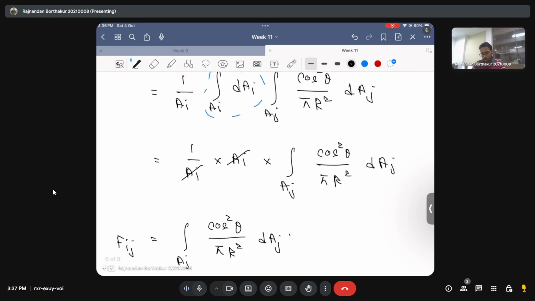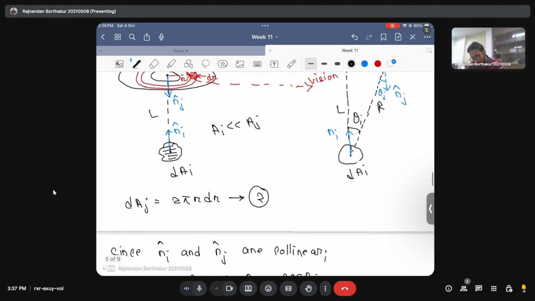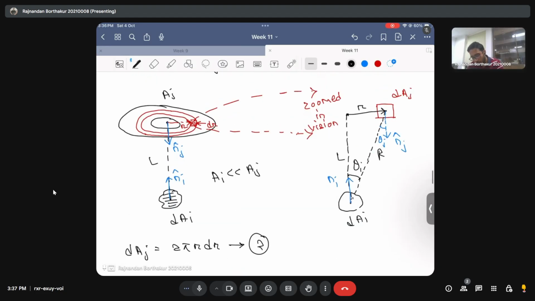Okay, now we need to understand certain things. This r is not given to us. Instead, we are given this length L, which is the line joining the center of the differential area to the center of the disk.